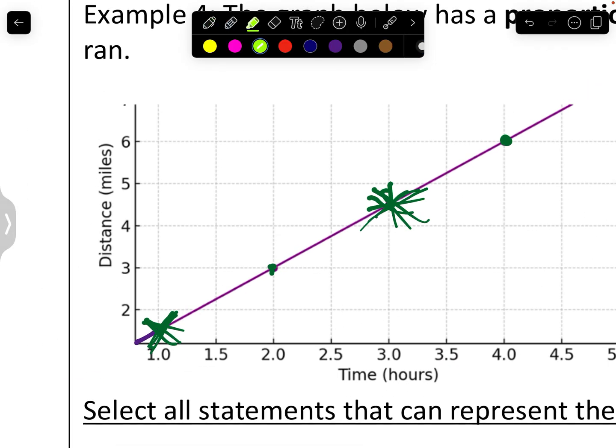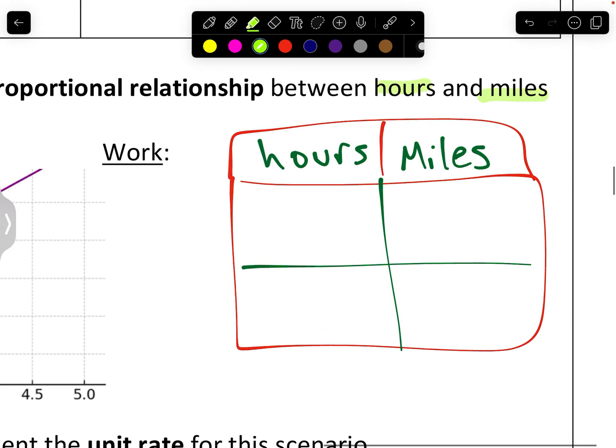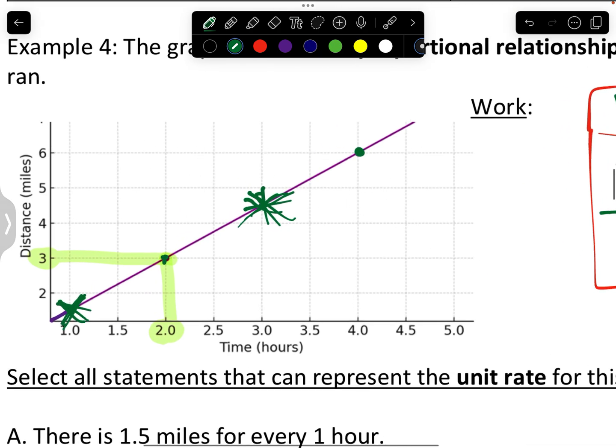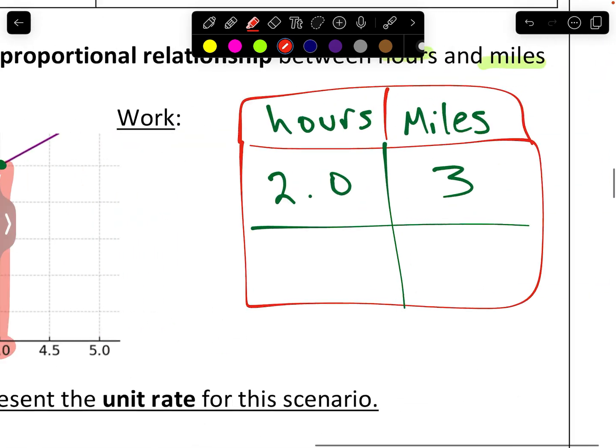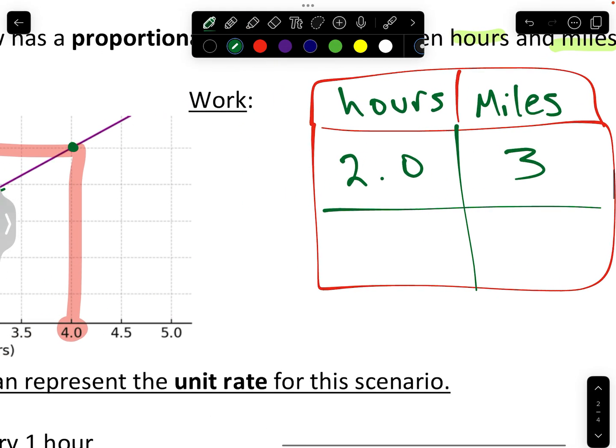For this one then, hey, 2.0 hours for every 3 miles. All right, cool. So, hey, hours, 2.0, miles, 3. And then we go back over here, and hey, there's another one. So this one's 4.0 hours and 6 miles.